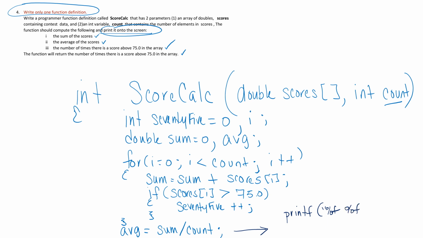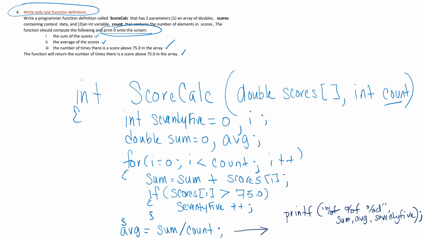And you need to print the count, that's %d. So that's the sum. I'm not writing that very well. The sum, the average, and the 75 count. So that's enough for your printf. You could obviously make it nicer, but if you're handwriting, that's all it asks.